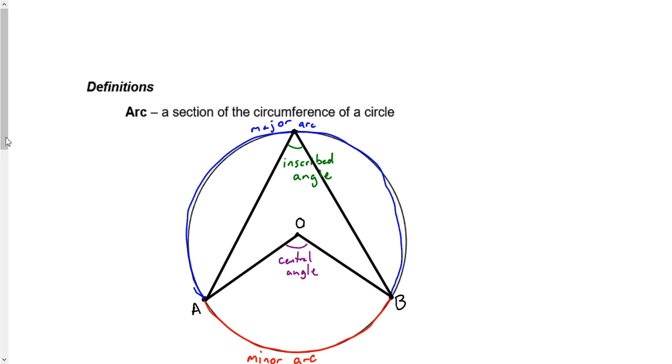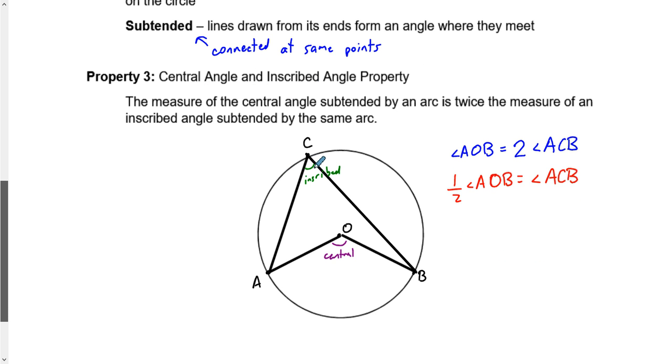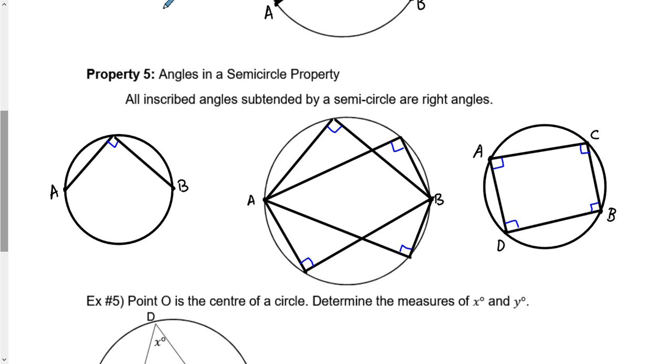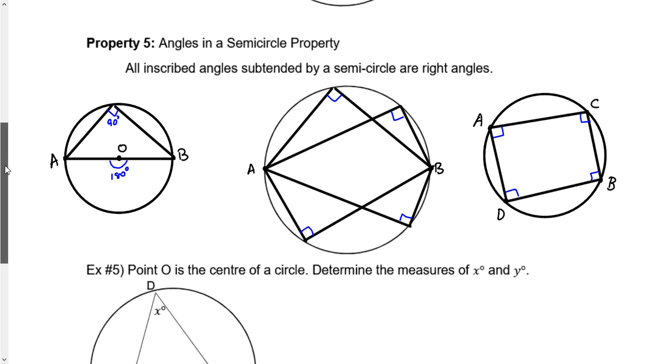Well, if we go back to this property, the inscribed angle is going to have to be half of the central angle. If you have a perfect semicircle, your line is going to be going straight through the center. And if you're going straight through the center, that means that you have 180 degrees. So a 90-degree angle is exactly half of your 180. Sorry, math does actually excite me. It's fun to do math.